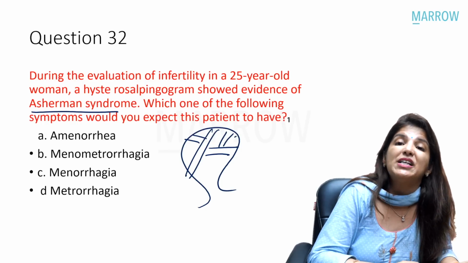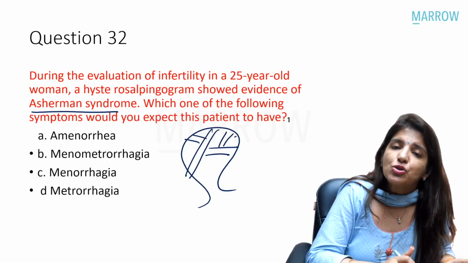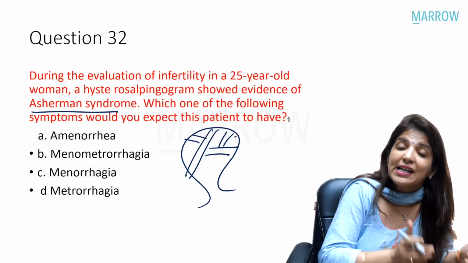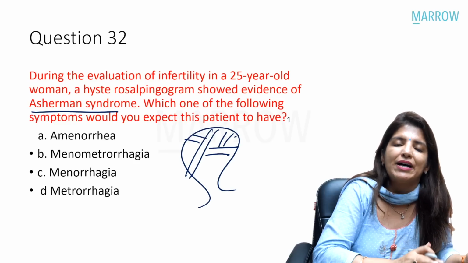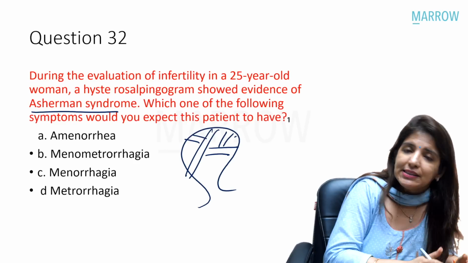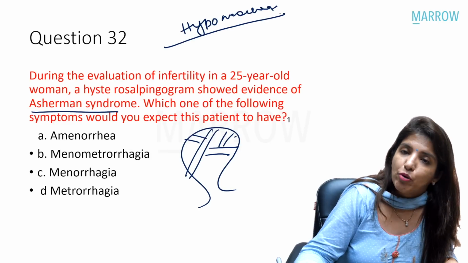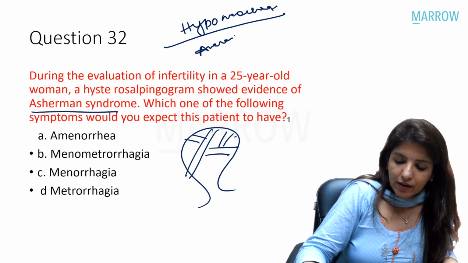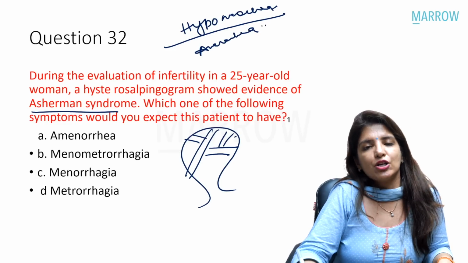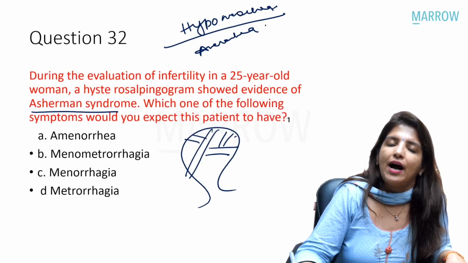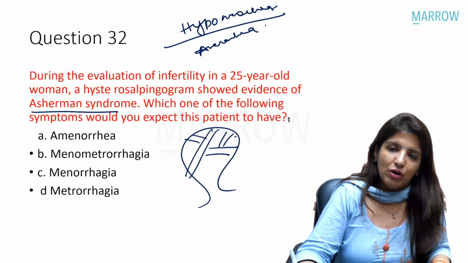Because endometrium is defective and thin, that is why the amount of bleeding will be less in Asherman syndrome in comparison to other conditions. Less bleeding is called hypomenorrhea. Less bleeding is termed as hypomenorrhea or amenorrhea. So in patients of Asherman syndrome, either you get hypomenorrhea or you get amenorrhea, right?